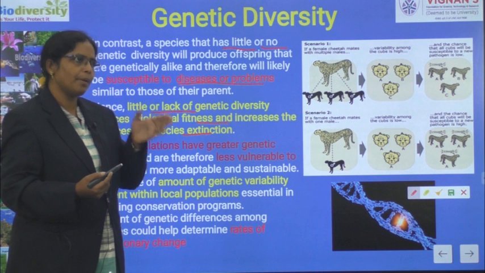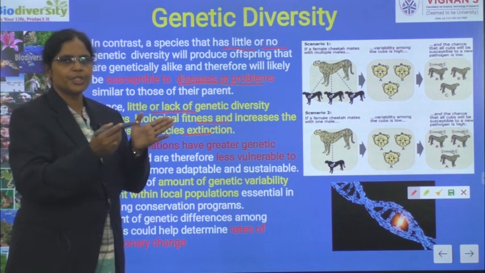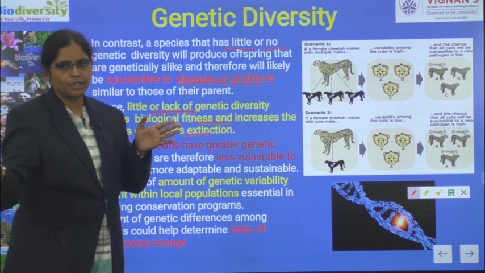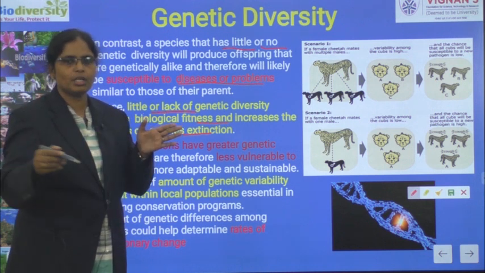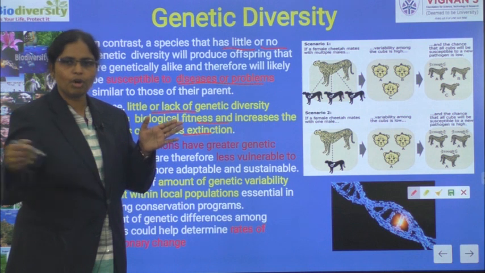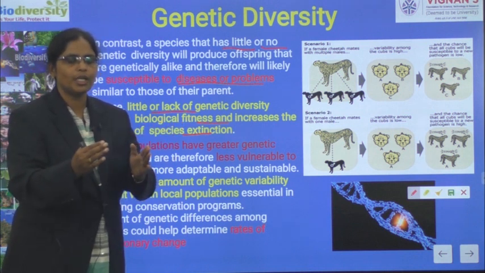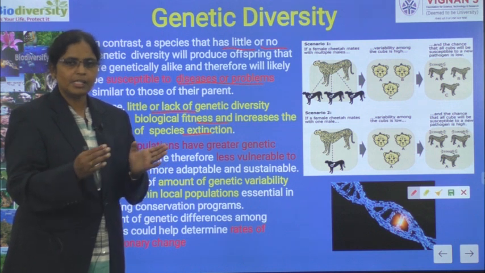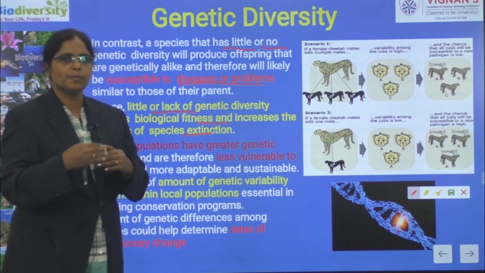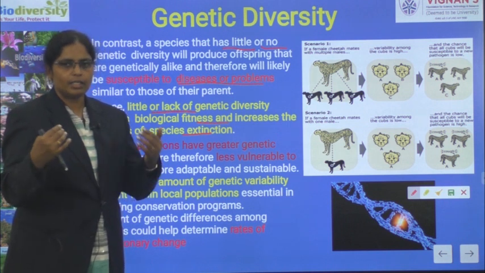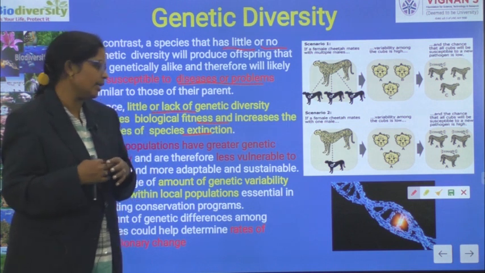That means whatever the parent has, the same features are shared by the offspring, again for four or five generations, the same features shared from parent to offsprings, and that results in a chance of exposure to diseases. That means these offsprings are susceptible to diseases, they can't tolerate them; disease tolerance will not be there.